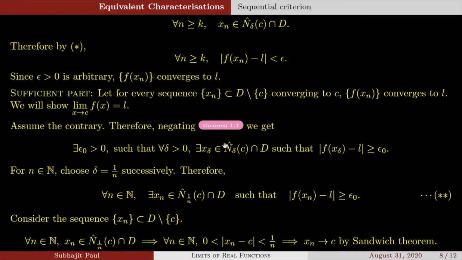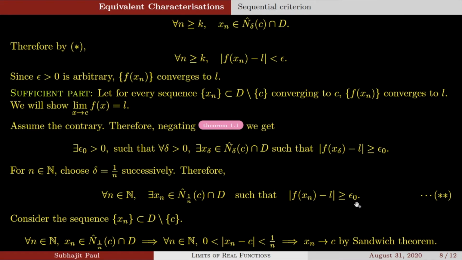Therefore, negating the definition, we have found the sequence xn from the prescribed domain, that is D minus C, which is converging to C. But what happens to the functional values? They never converge to L because |f(xn) minus L| is greater than or equal to epsilon naught.